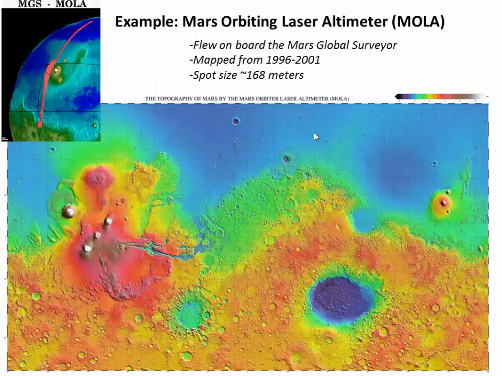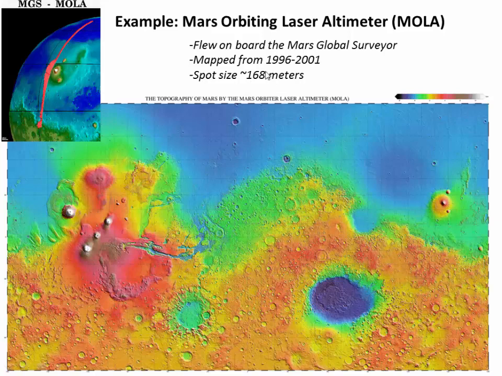One example of a large footprint laser is the Mars Orbiting Laser Altimeter, or MOLA. This was an instrument that flew on board the Mars Global Surveyor satellite, and it orbited Mars from 1996 to 2001, basically collecting LiDAR data the whole time.